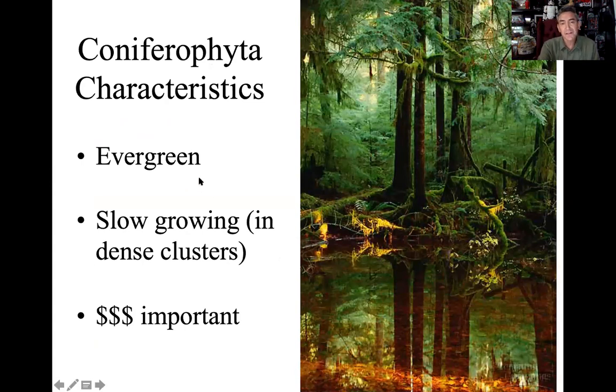So since they're not as good at photosynthesis, they tend to grow slow. They tend to grow in clusters for a couple of different reasons. You would say if you're a tree, you don't want to grow next to your neighbor because that's competition for light, competition for resources in the ground.